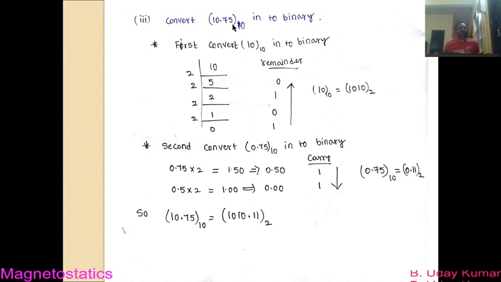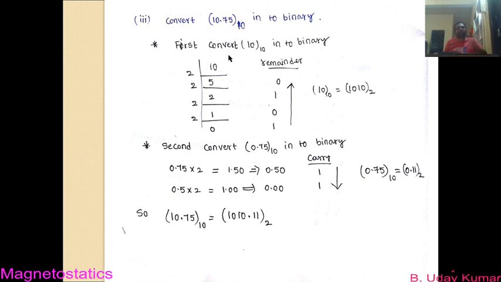So here 10.75 means what? It's a decimal number whose value is greater than 1. So that means here 10 shows you that it's an integer, and that can be converted with the help of the double double method, and 0.75 will be a fraction. That also can be converted separately by multiplying with 2 and writing down its carry on its side and taking it in downward direction.